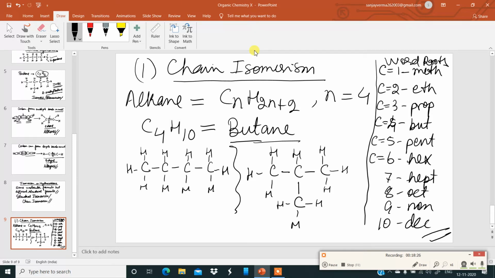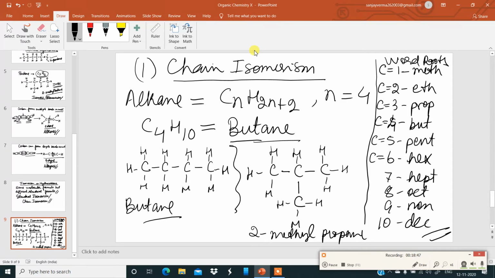This is butane, normal butane. This one is 2-methyl propane. Okay, so this is isomerism. Butane and 2-methyl propane are what? These are isomers.